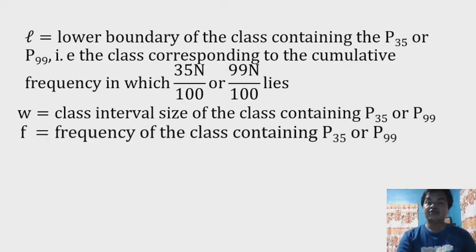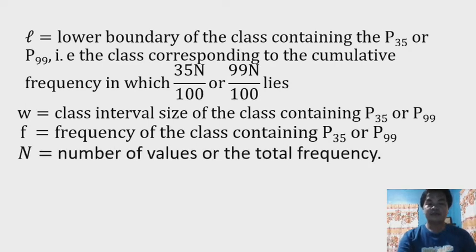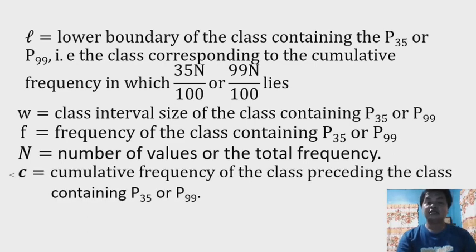F is the frequency of the class containing the 35th percentile or 99th percentile. The N is the number of values or the total frequency. The less than C is the cumulative frequency of the class preceding the class containing the 35th percentile or 99th percentile.